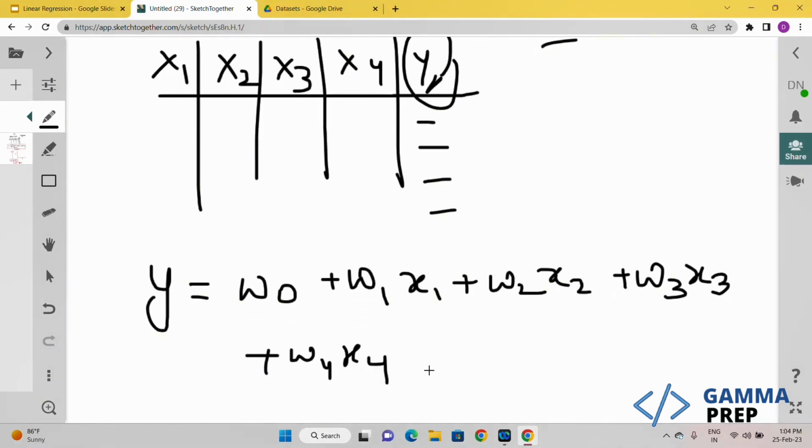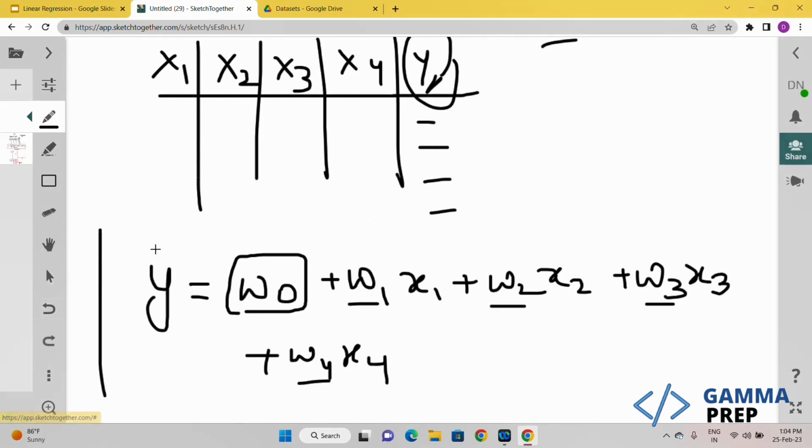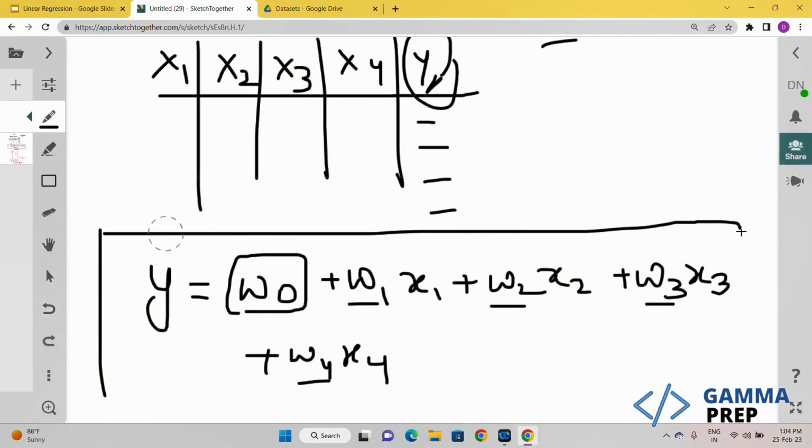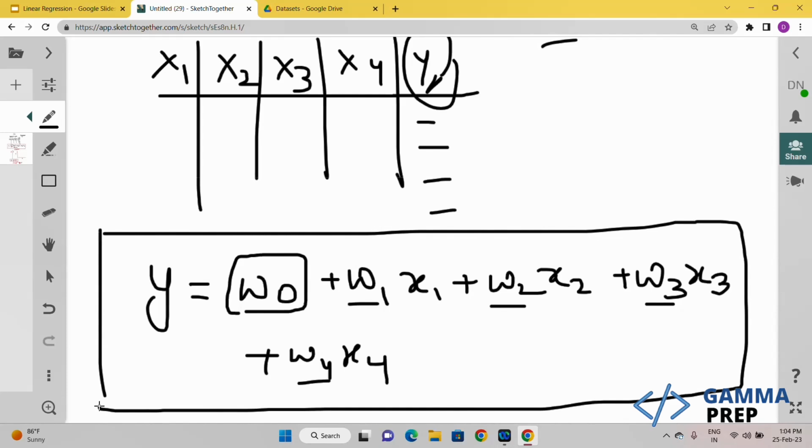In this case, w0 is called the intercept and w1, w2, w3 and w4 are called the coefficients. All of these are constants, right? And if we have a model like this, this is called a linear regression model. And here our y is linearly dependent on x1, x2, x3 and x4.